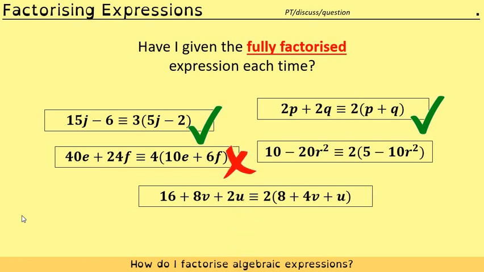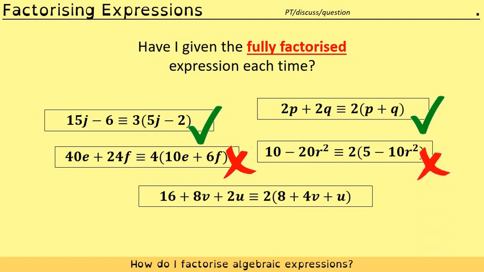The next one is not fully factorised because I've taken out a factor of 4. But if we think about 40e and 24f, there's a greater number I could take out of those two terms. You might already know what that is, but we're going to go on to the next question.